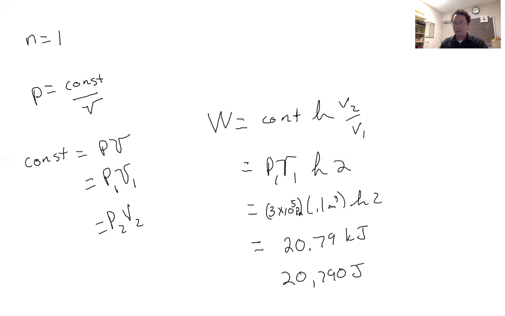And finally, another one, n equals 0. You can either use the formula or the integral, which is really simple, but I'll just use the formula. In this case, pressure 1 equals pressure 2. It was an isobaric process. In class, we worked out that in this situation the work equals the pressure times the change in volume.